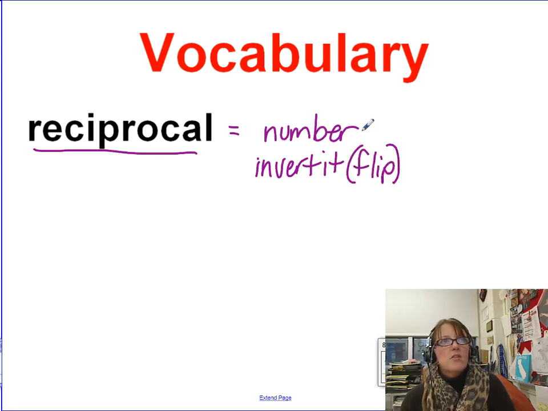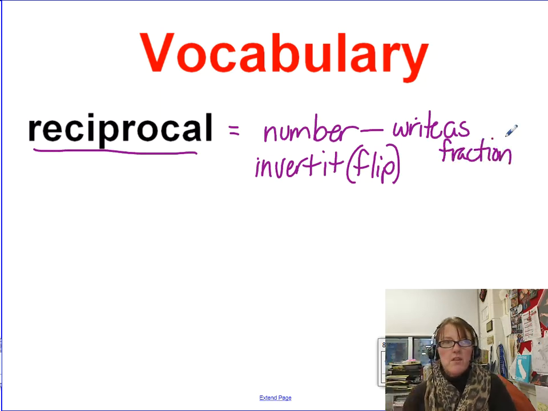Usually when you start, it helps if you write it as a fraction. And then the reciprocal is when you invert it or flip it upside down. The effect is that when you multiply a number and its reciprocal, you will always get exactly 1. So we call it an inverse when you multiply.